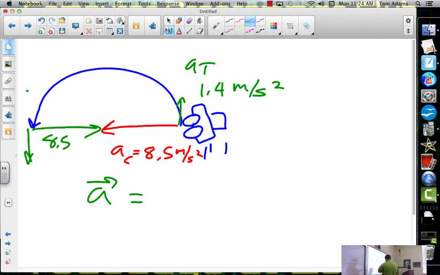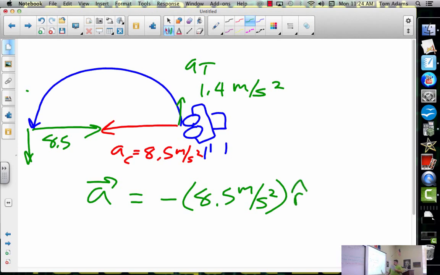Now, the way your textbook does it is it says negative 8.5 meters per second squared, and because that's going towards the center, it calls it r hat, right? And then plus the 1.4 meters per second squared, t hat, and you just leave it like that.